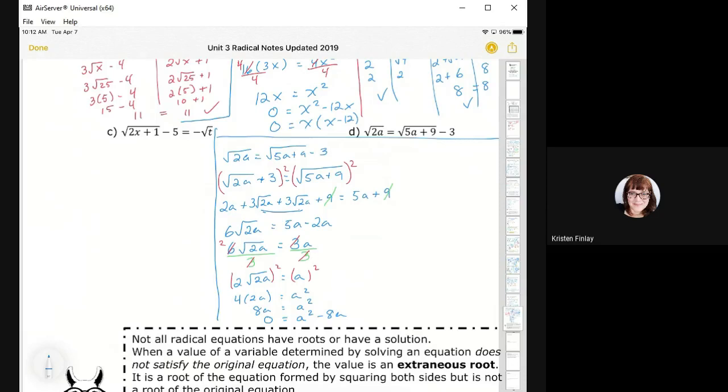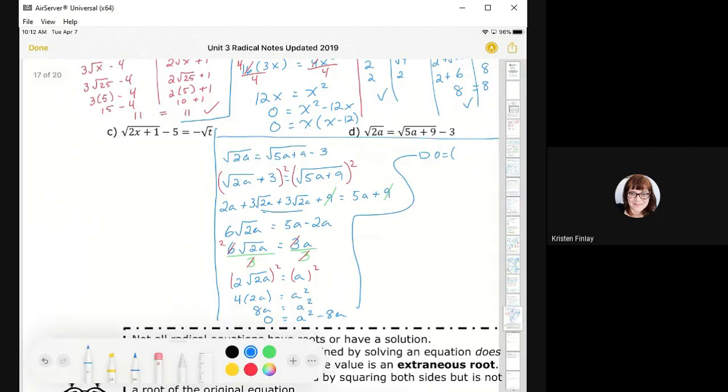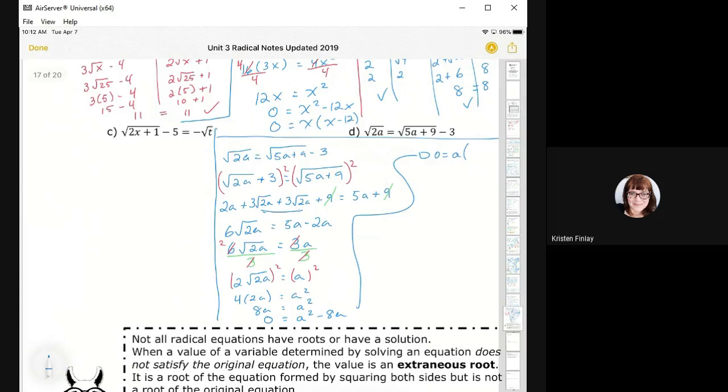And if I factor that, we can write a little arrow up here. So 0 equals a bracket a minus 8. So my values for a are 0 and 8.